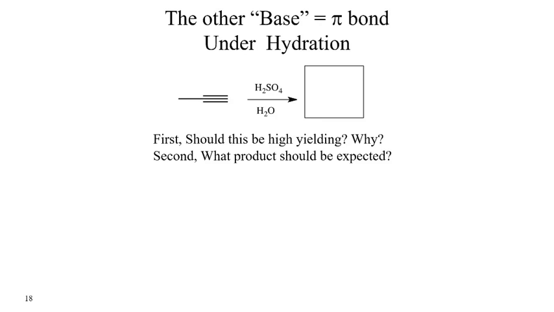It's not very stable. With bromide, the halogens were stronger nucleophiles, so once they were there, they could go on. Water's a much weaker nucleophile. It's going to be harder to get this to go through and react. But why not? Let's just do it. We'll give it some H2SO4, we'll give it some H2O, and we'll just give it time and see what happens.